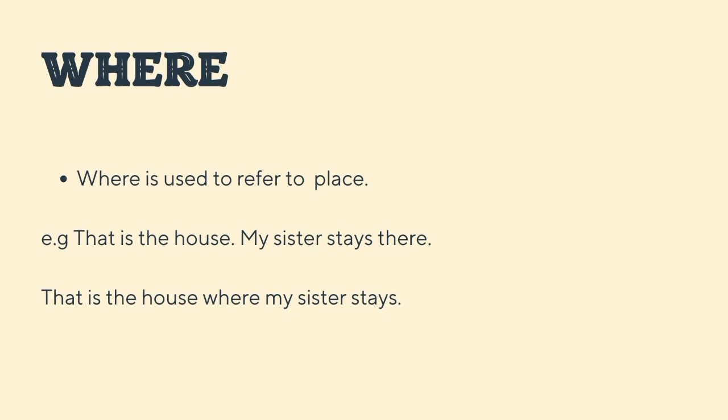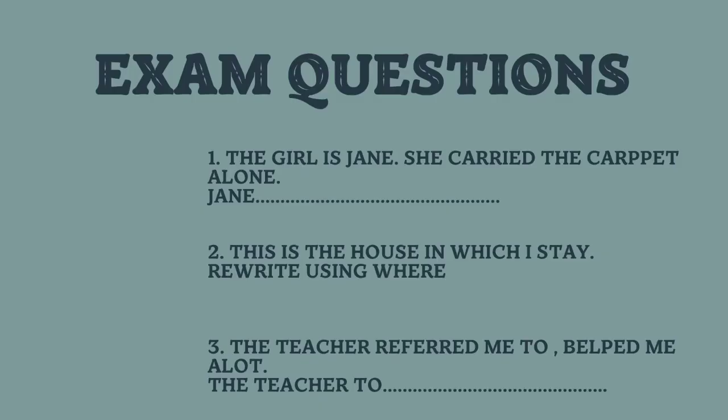Simple. Now let us look at some of the examination questions, practical ones. You can pause the video, try to answer, and then compare with the correct answers that I'm going to give. The first one: the girl is Jane. She carried the carpet alone.